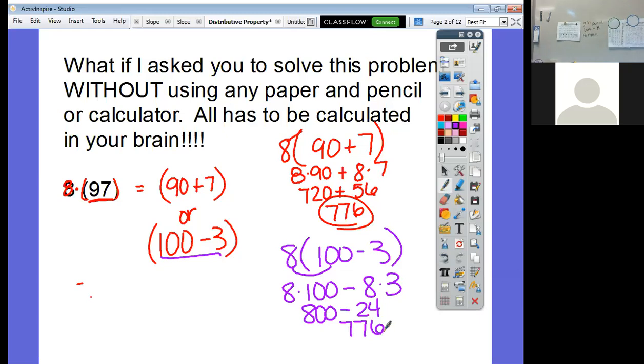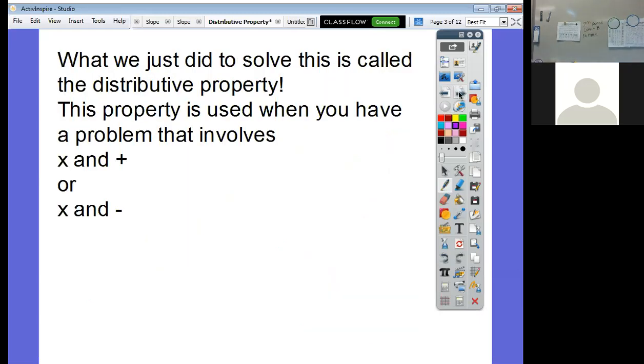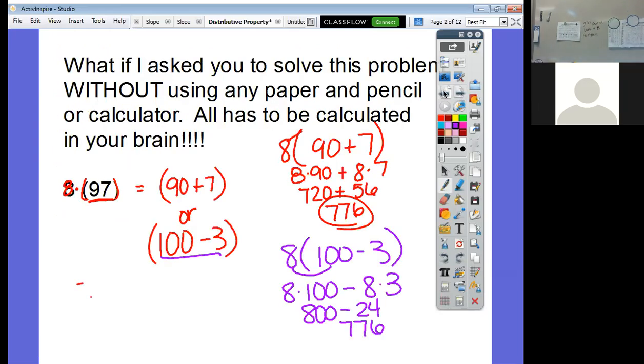All right, this right here, what we just did is called the distributive property. This property is used when you have a problem that involves either multiplication and addition or multiplication and subtraction, right? So look, this one was multiplication and addition, and this one down here was multiplication and subtraction, okay?